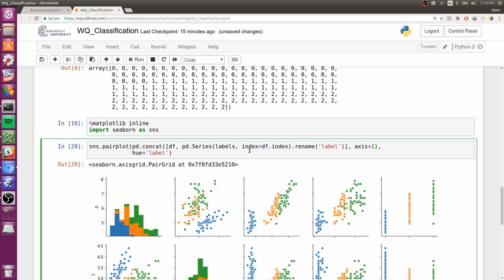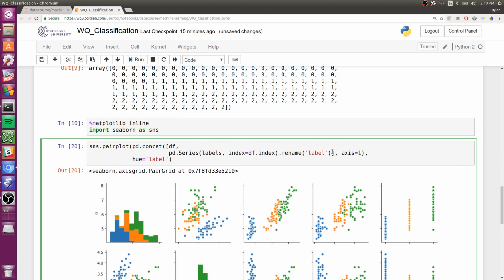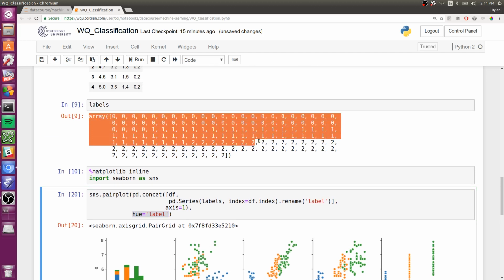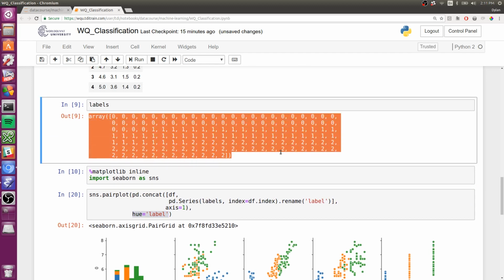So, nothing too interesting going on here. All I did was, and this just has to do with the peculiarities of this function, I tried to set the hue equal to just this array of labels. It didn't like that. I tried reshaping it to be a column vector. It still didn't like that.